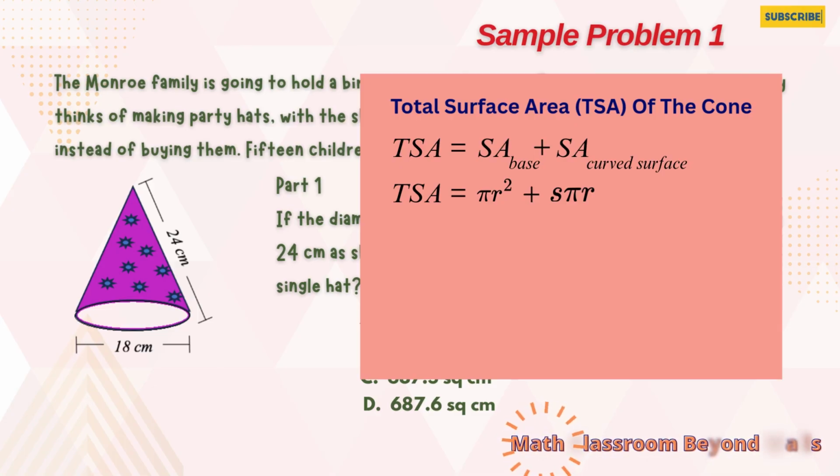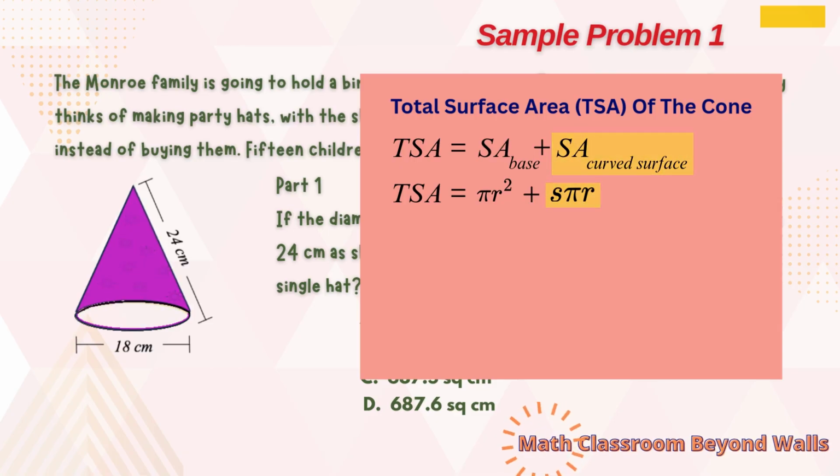Okay, so the hat consists of the curved surface only. Look at our formula, learners. Since there is only the curved surface in the hat, then we will cancel out the part of the formula that the hat does not have. We will cancel the surface area of the base. Can you follow, learners? Okay, here we go.